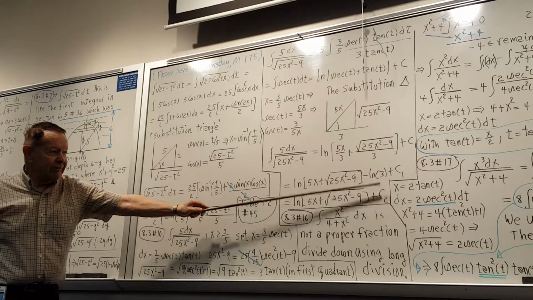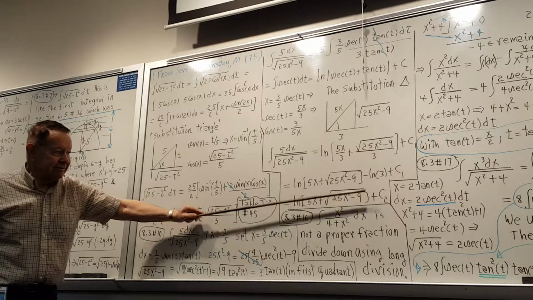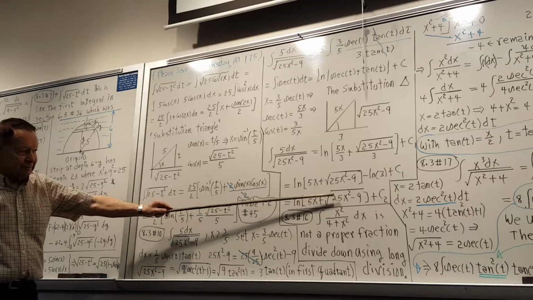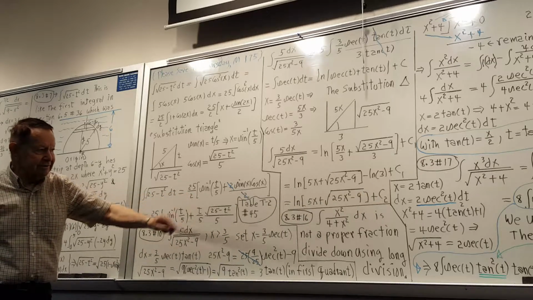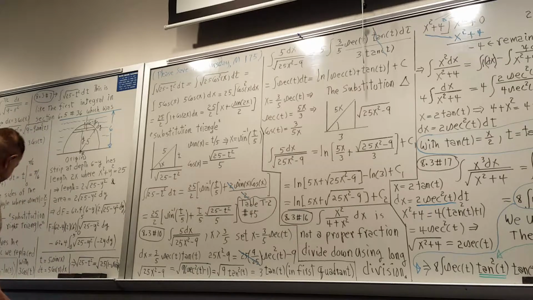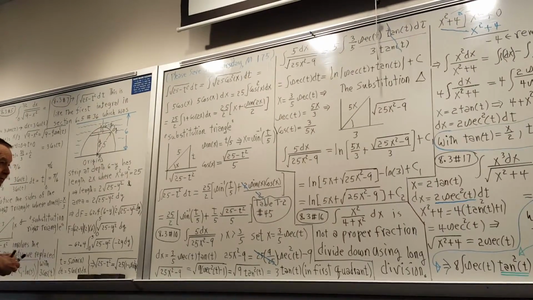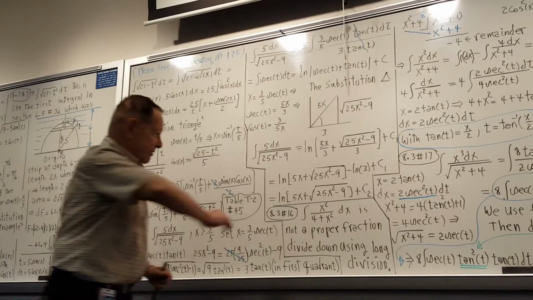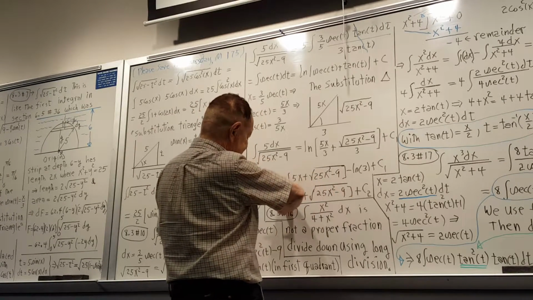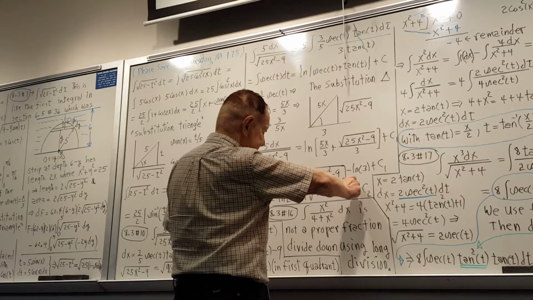In the book, they wouldn't bother with the subscript, so the book will just have log of 5x plus the square root plus constant. And one thing it will have is that the 5x plus the square root is the argument of the log.